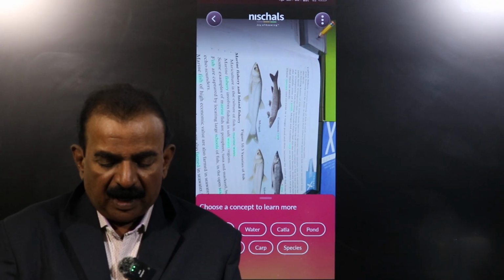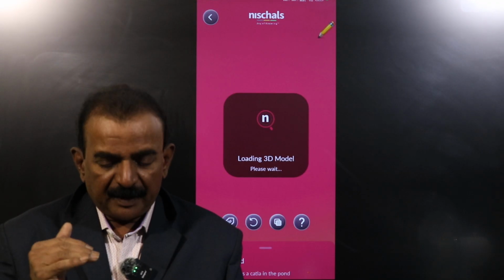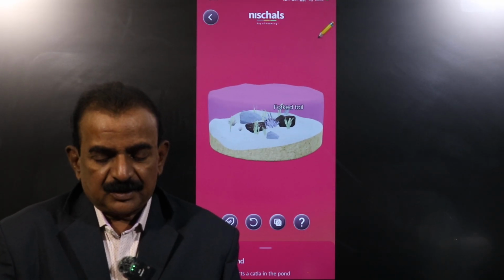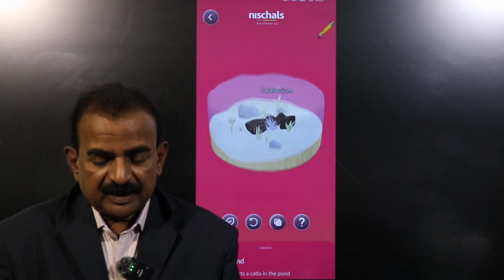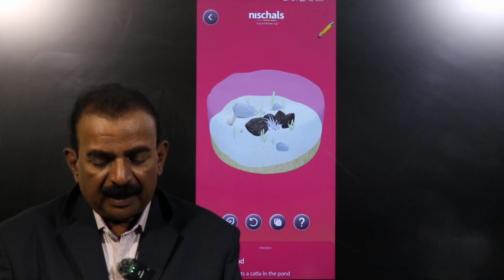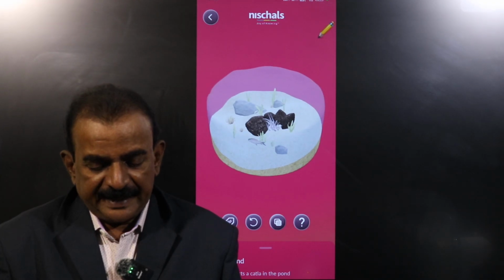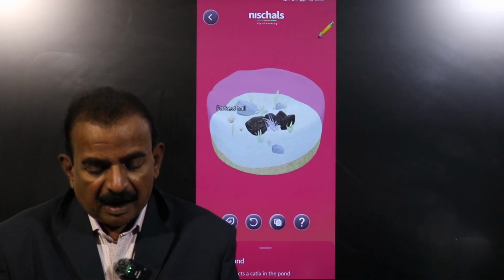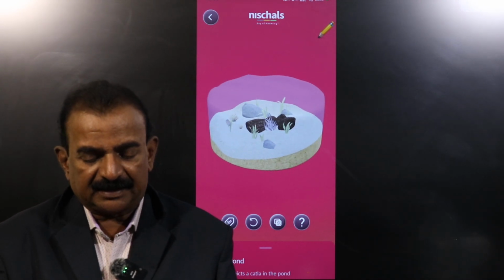Now we are observing our topic's information. So here you are observing an important 3D model, and there you see the presence of a fish, and that is feeding on plants which are available in that system.